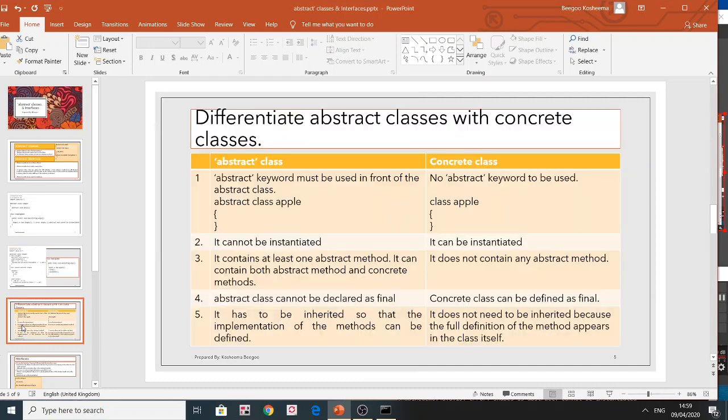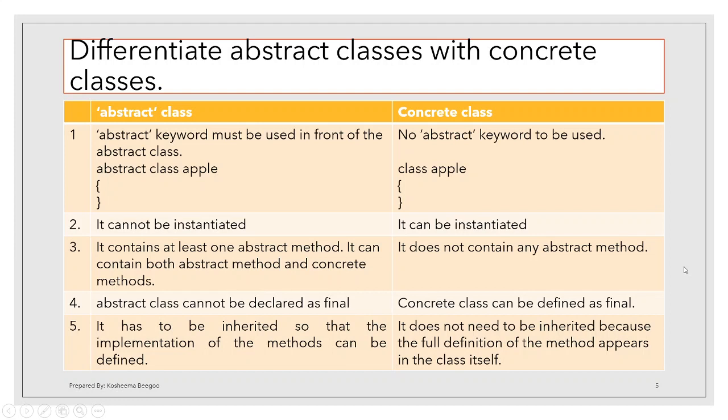Next, if we were to differentiate abstract classes from concrete classes: the abstract keyword must be used in front of an abstract class, whereas a concrete class does not have any abstract keyword. A concrete class can be instantiated. An abstract class cannot be instantiated, so we cannot create objects of it, while with a concrete class, we can create objects.